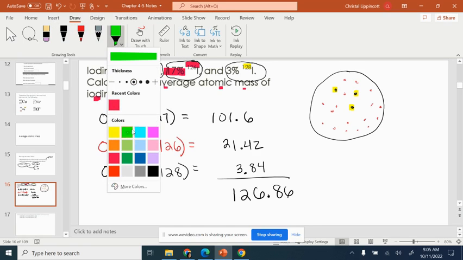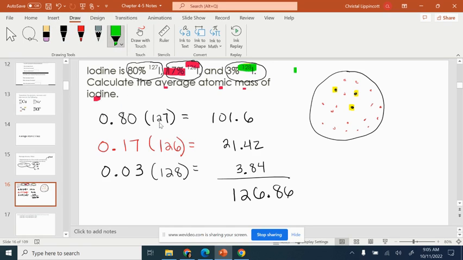What you do is you want to go back. You want to find your highest number and your lowest number, my highest mass and my lowest mass. This value here should be in between them.